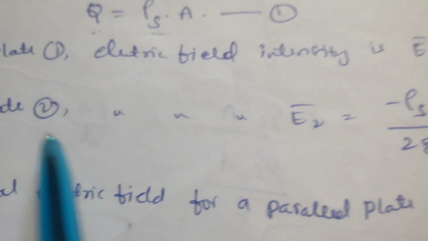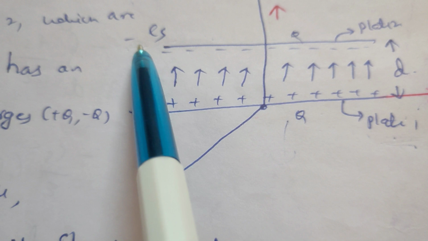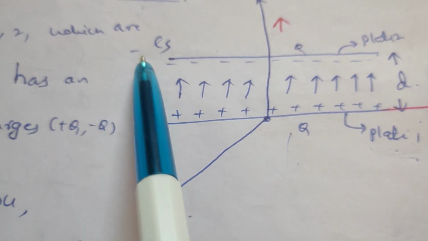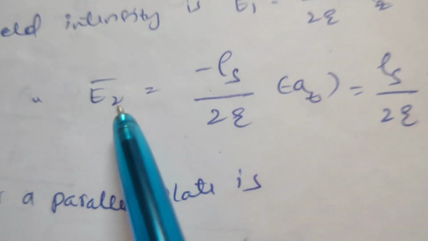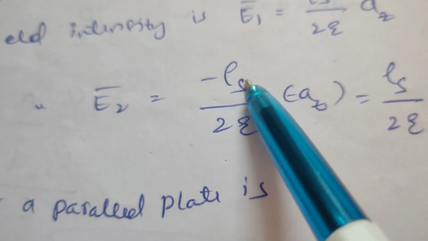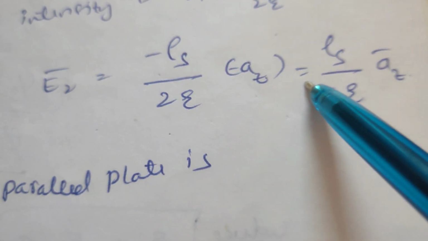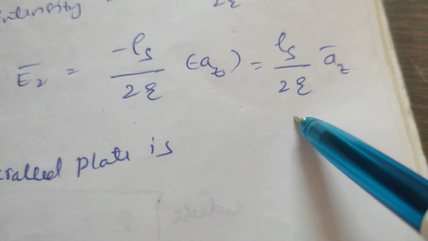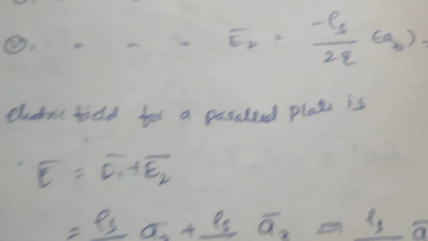Similarly, from plate 2, the electric field intensity E2 is what? Here the charge density is minus rho s, which is against the z direction. So E2 is equal to minus rho s by 2 epsilon naught into minus az. So E2 is equal to rho s by 2 epsilon naught into az, since minus into minus becomes plus.